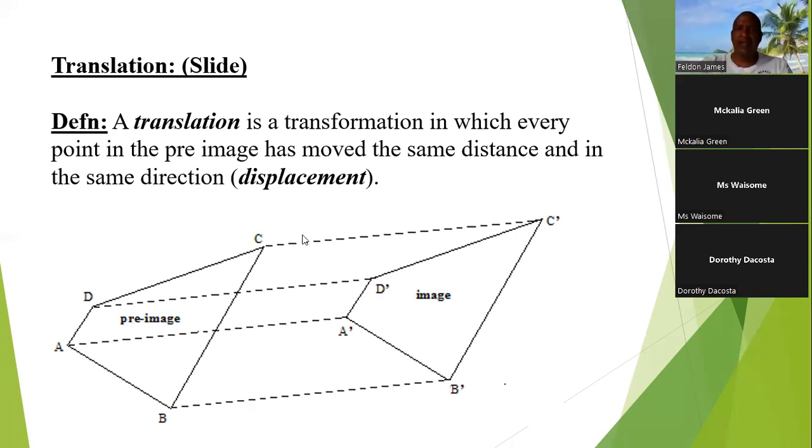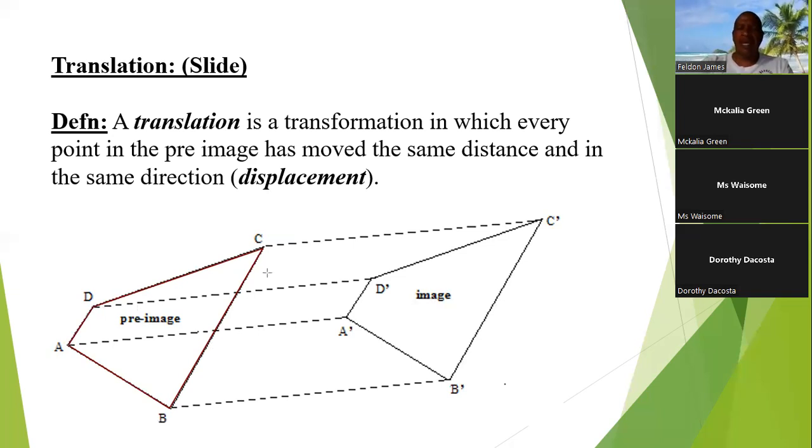Then what would have happened is that ABCD would be your pre-image. So if we go from A, B, C, D, and back to A, that would give you your pre-image.